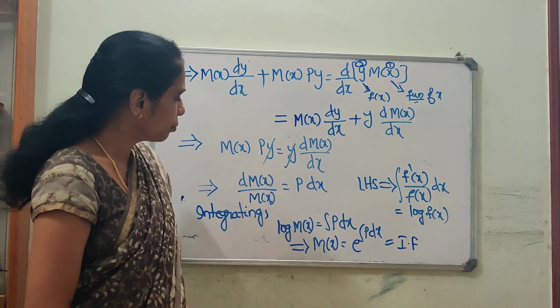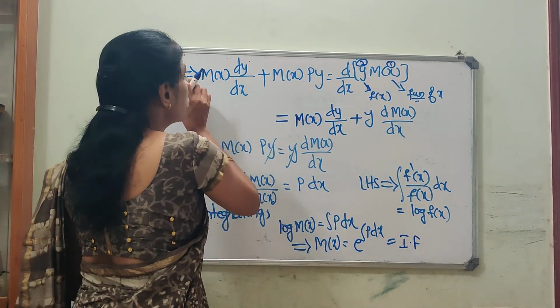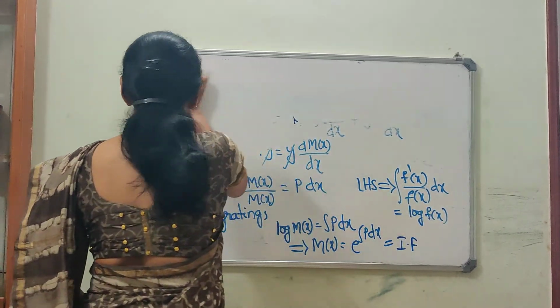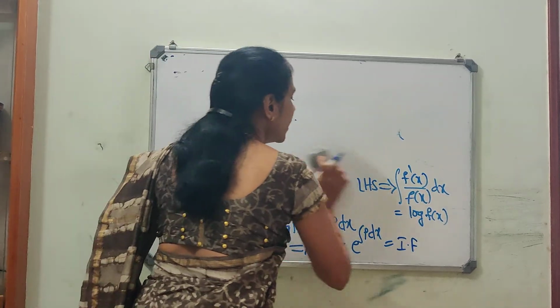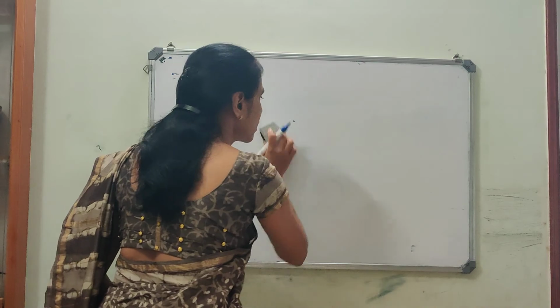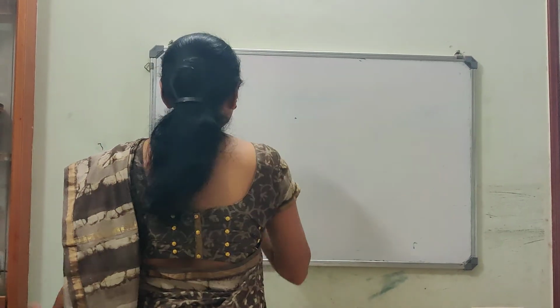How do you take this to write the solution for the given differential equation? So as we did, first we started with multiplying the entire equation by m of x, and now we have this particular m of x as e to the power integration p dx.